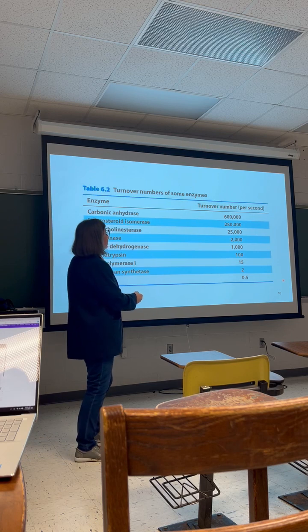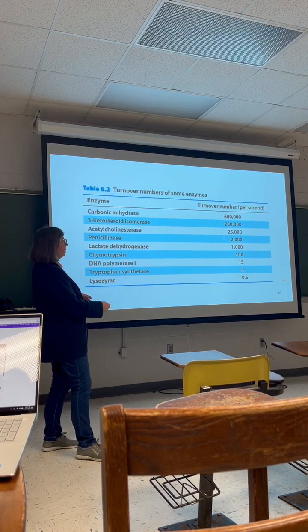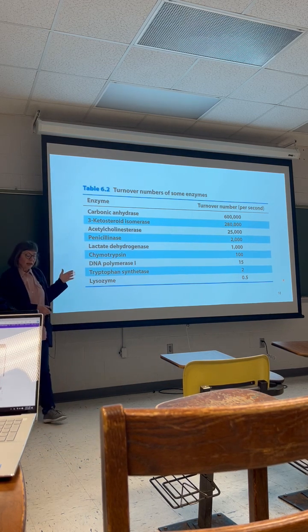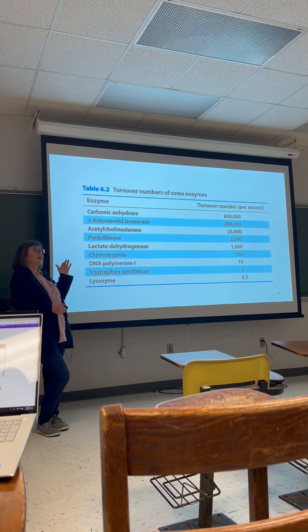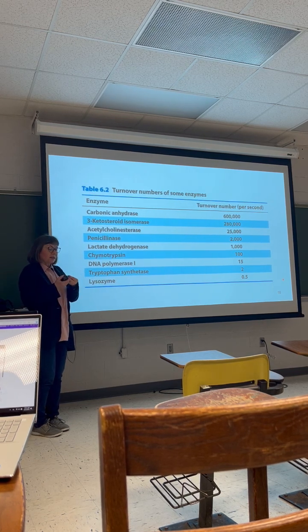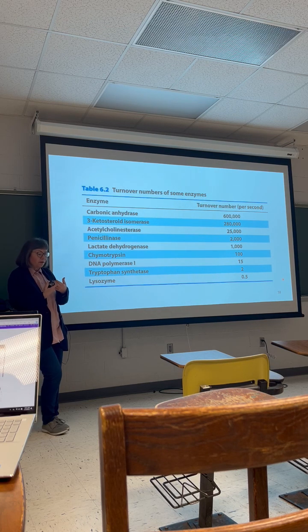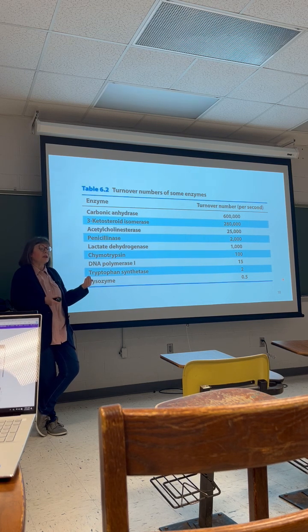Turnover number per second varies very dramatically, by orders of magnitude, for different enzymes. Fun fact, turnover number is not related to Km at all. So you could have an enzyme with a very low Km that very readily forms a complex with a substrate, so Km is low, but its turnover number could be lousy, could be not very high.